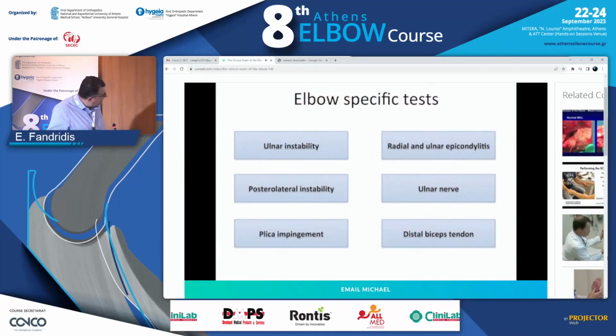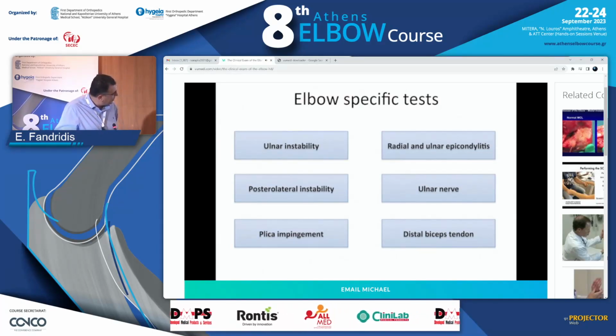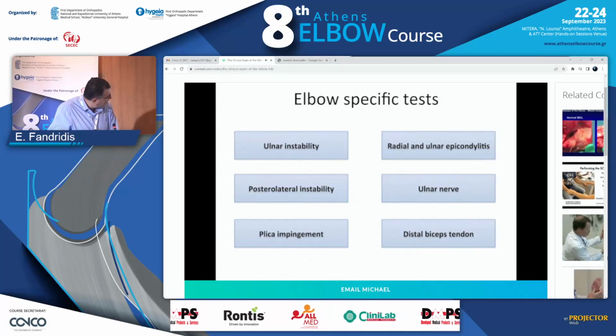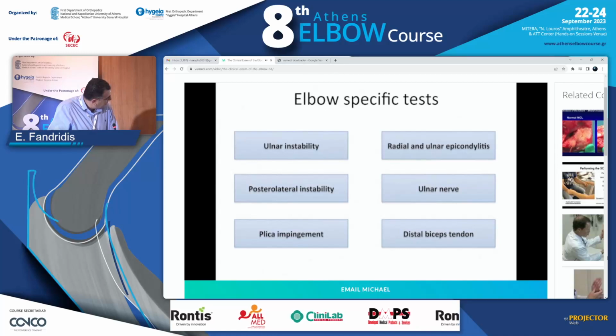So some specific tests: ulnar stability, posterolateral instability, plica impingement, radial head, radial and ulnar epicondylitis, ulnar nerve, and tendon pathology. So we see now in this video some of these tests, and we start with the medial instability. This is for the medial complex.